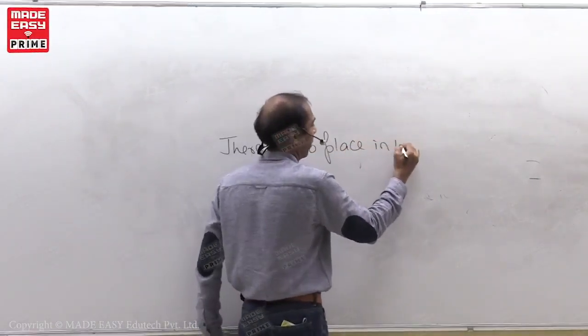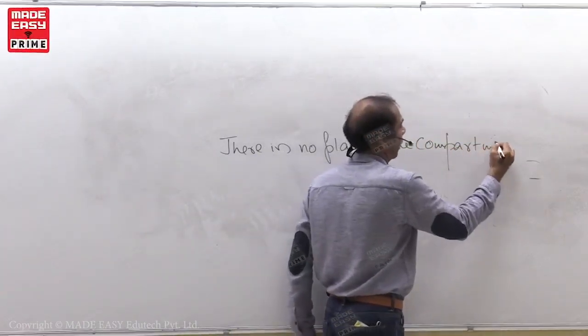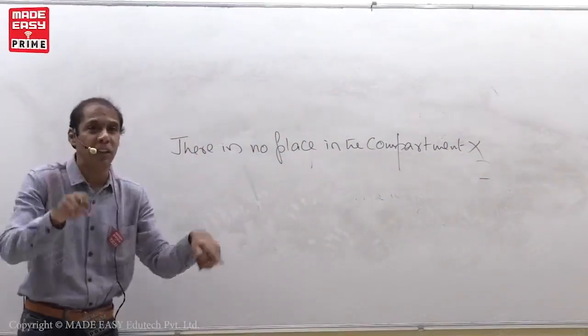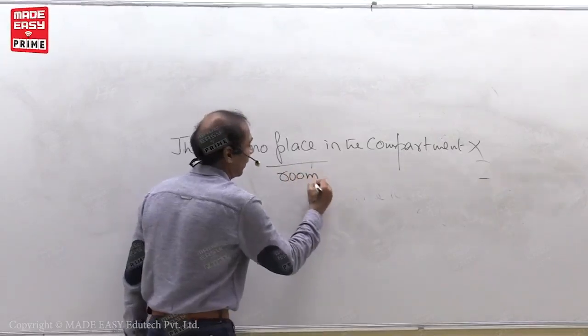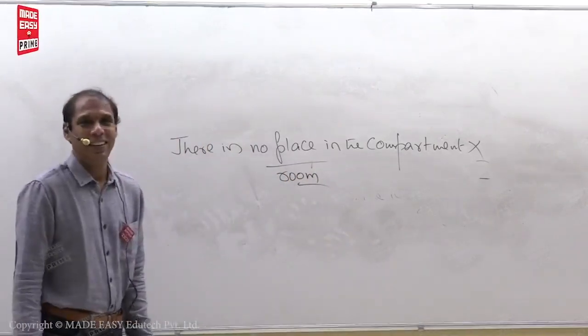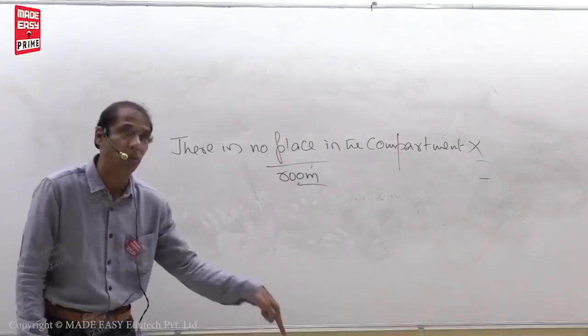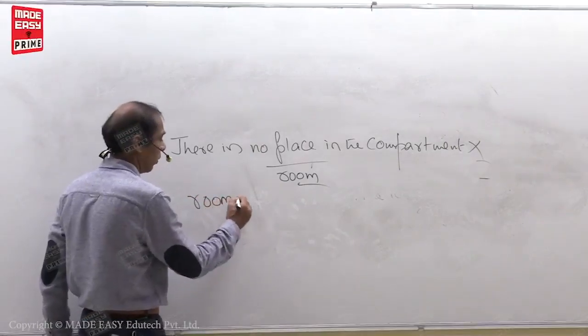There is no place in the compartment. This is wrong. There is no room in the compartment. There is no place on this bench. Wrong. There is no room on this bench. What is the meaning of room, you know?